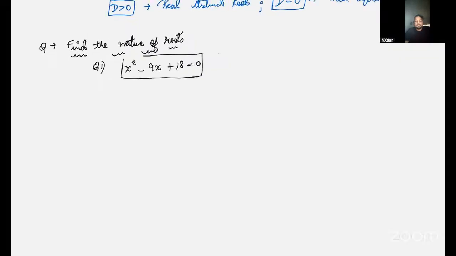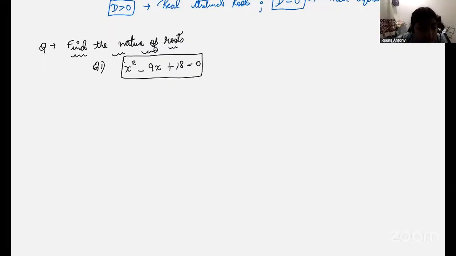Now you have to find the nature of this. How will you find it out? What is the value of a? Reena will tell you. What is the value of a in this?